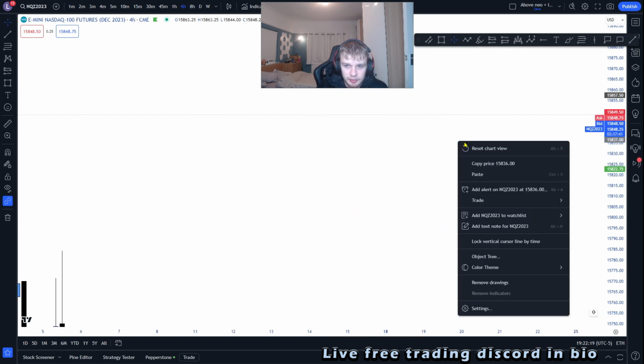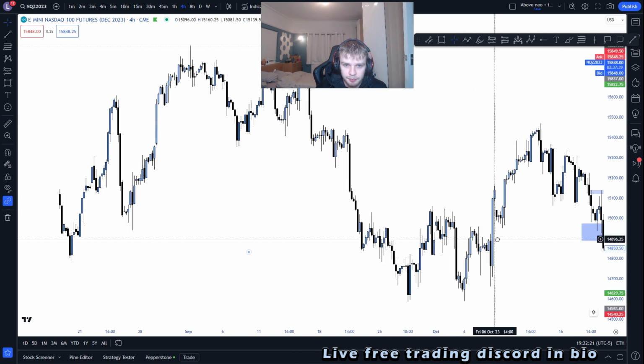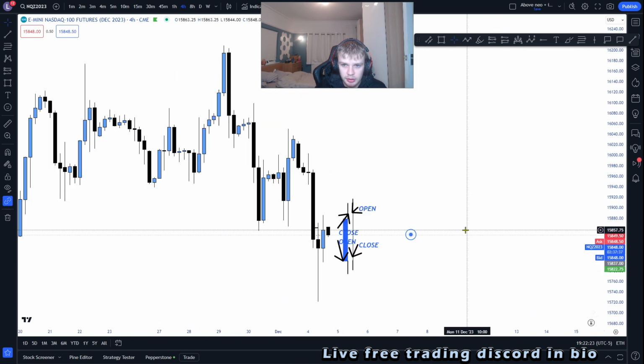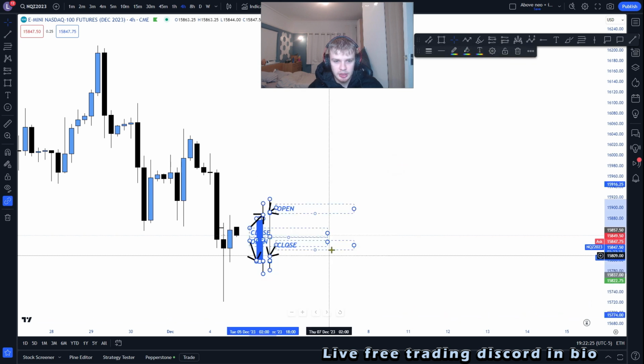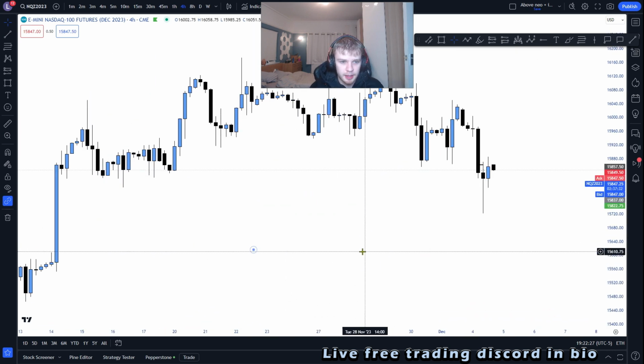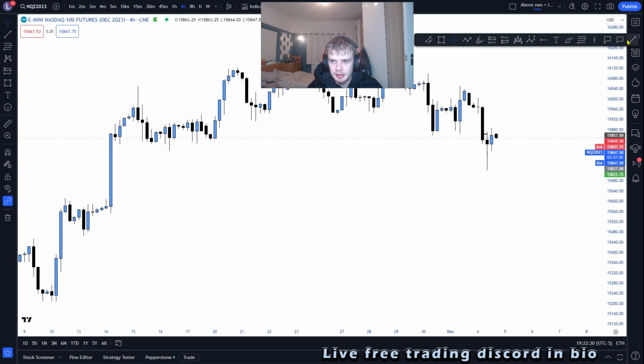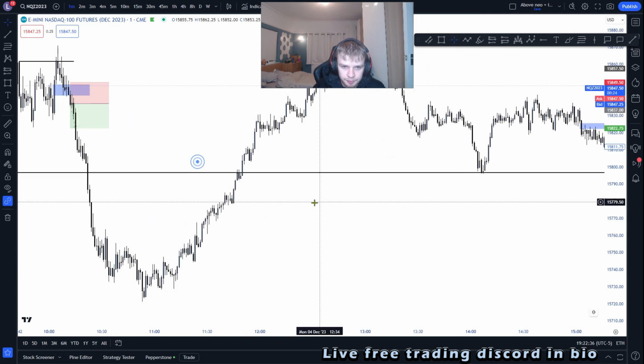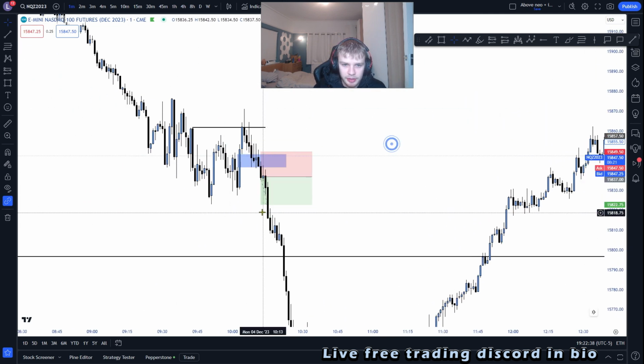But right here, I would have actually targeted, oh, where's this price action gone? Right here, I would actually have targeted this sell side liquidity right here on the 4-hour time frame. If we go back to the 1 minute, I would have targeted this line right here.